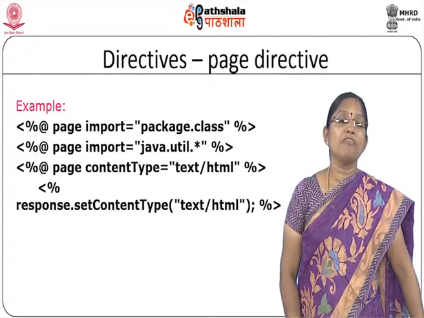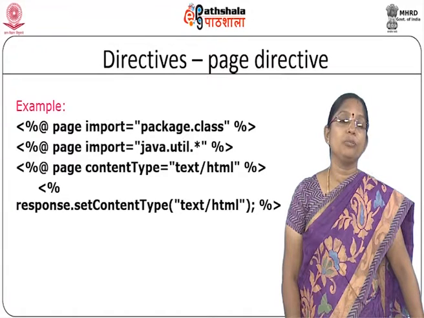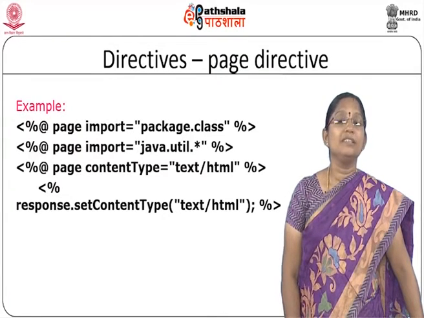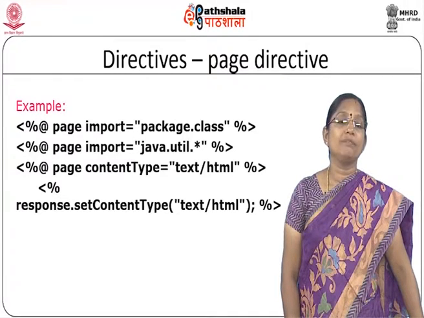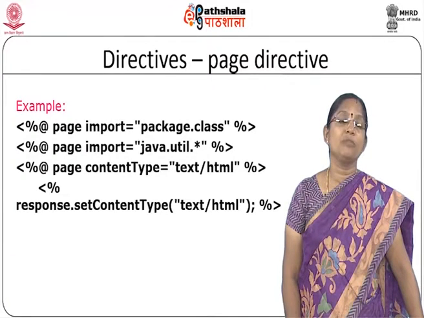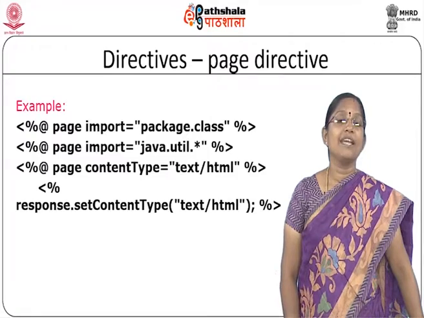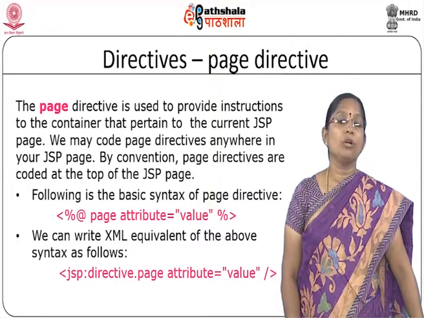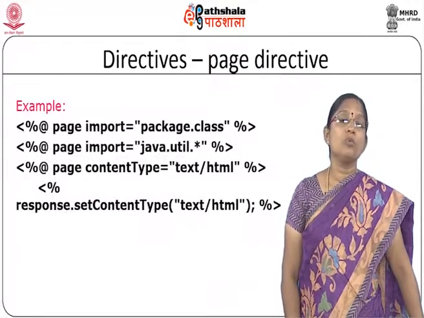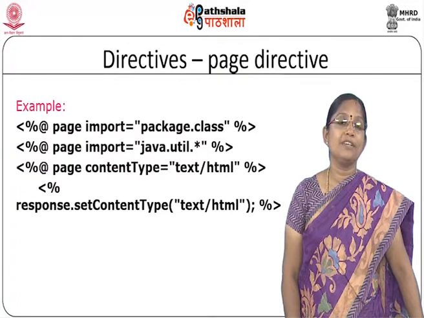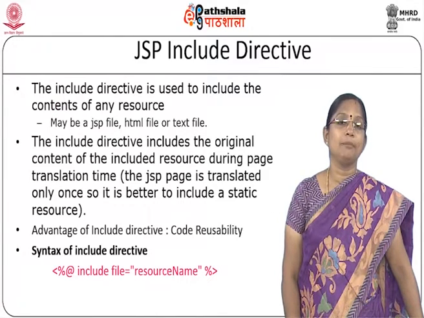The second type of page directive attribute is content type, which says which type of content the web file is following, whether text or HTML. Likewise, many attributes are followed for a page directive. Two of them have been explained here, that is import and content type.